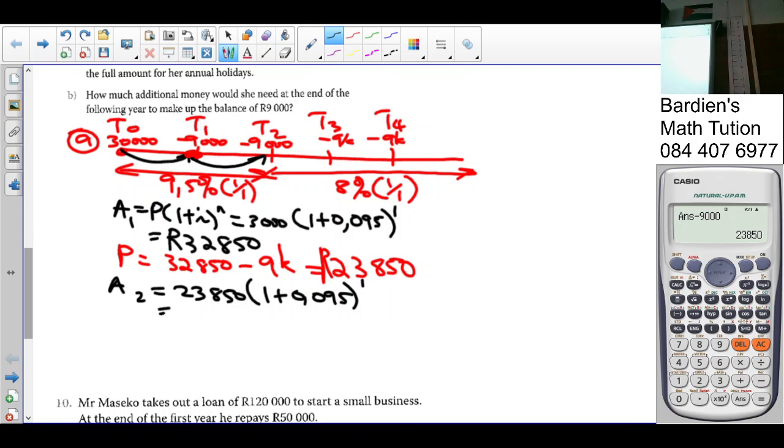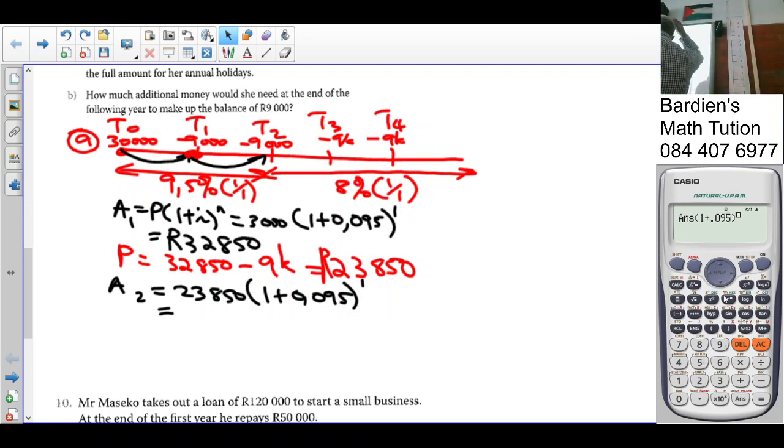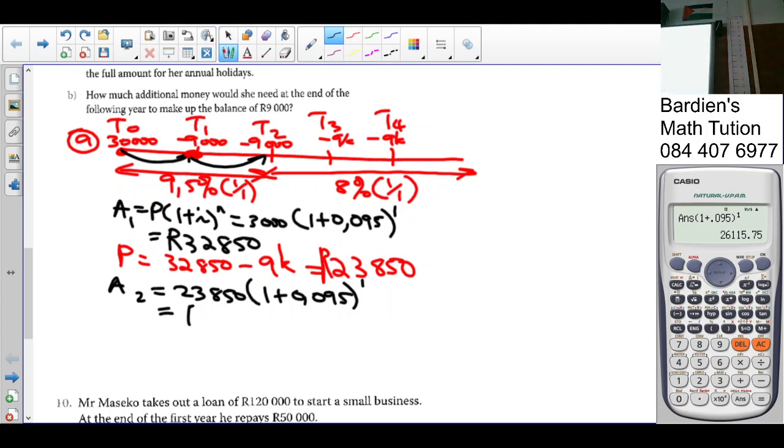So that gives me an A2 value. You didn't have to put that in there. It's going to give you an answer of 26,115 Rand and 75 cents.